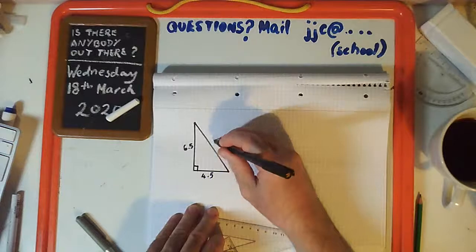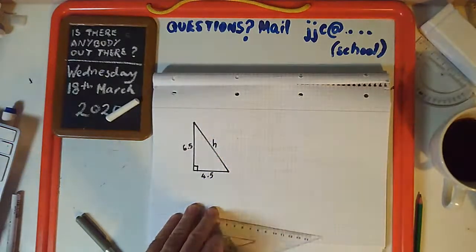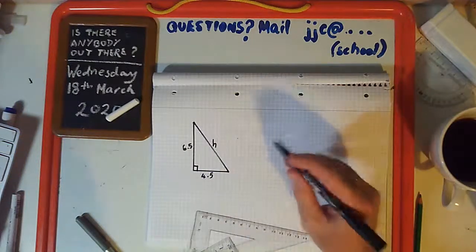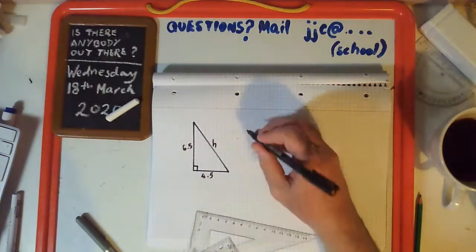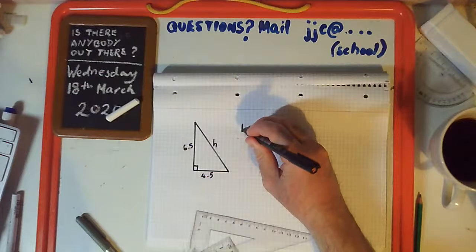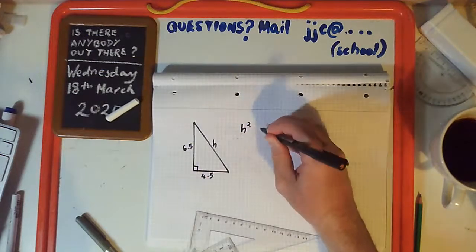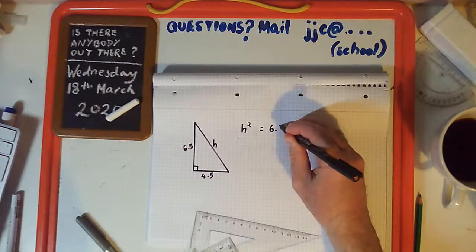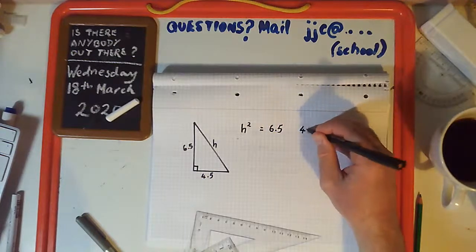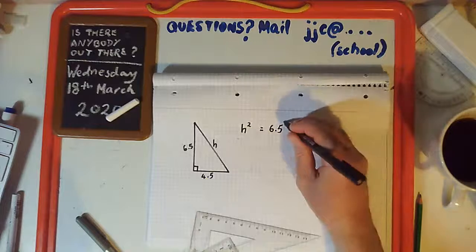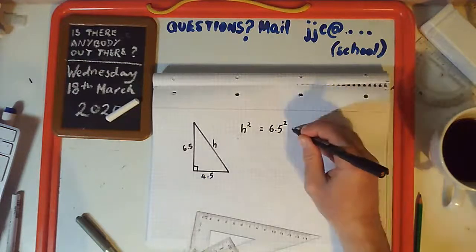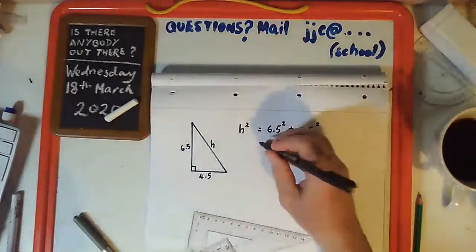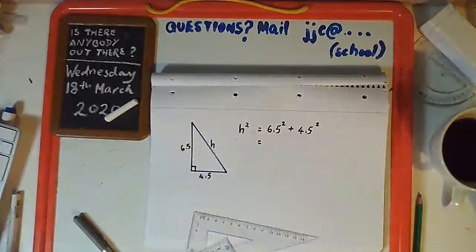And I'm going to call the longest side H. I know it's the longest side because it's opposite the 90-degree angle. And I want to know what H is. So Pythagoras' theorem says that the longest one squared is equal to the other 2 squared, and then added up. So all of that on the right hand side is something I can work out.